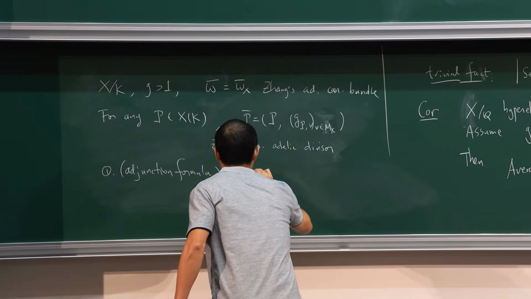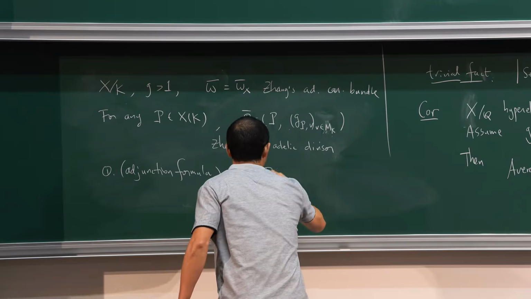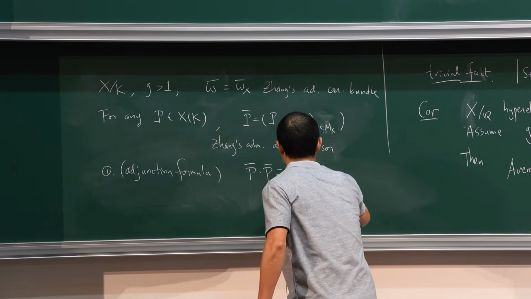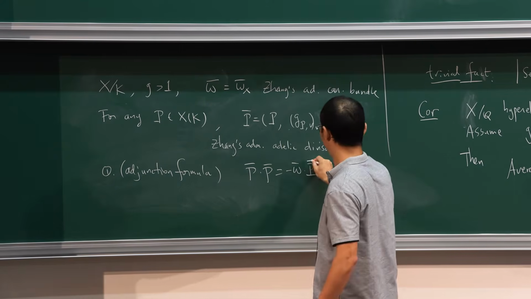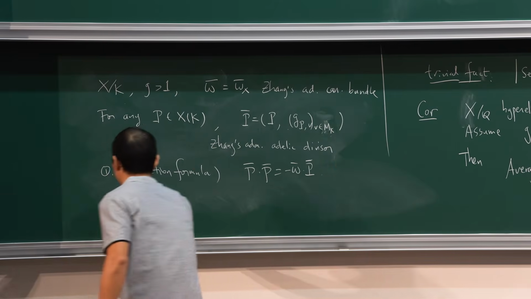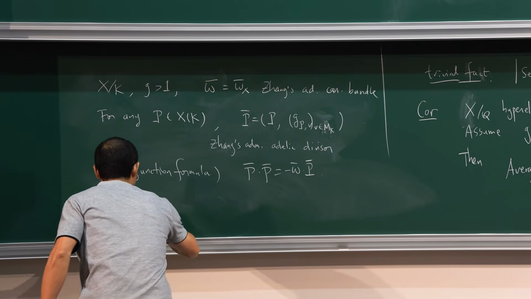So this gives P dot P, when we do arithmetic intersection, is negative omega dot P. You can put a bar here or not; that doesn't affect it.